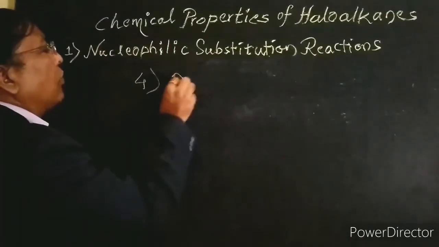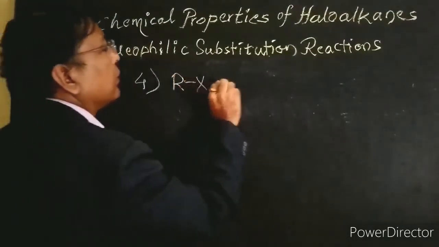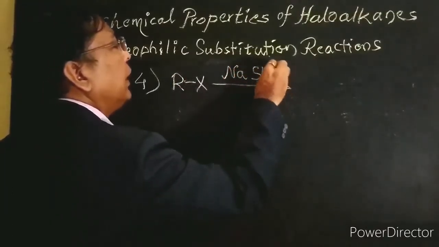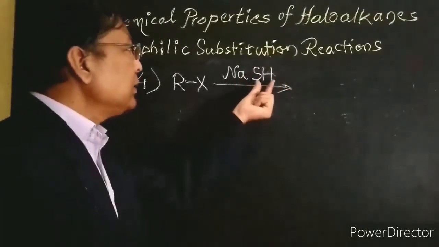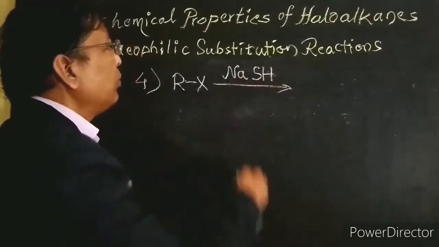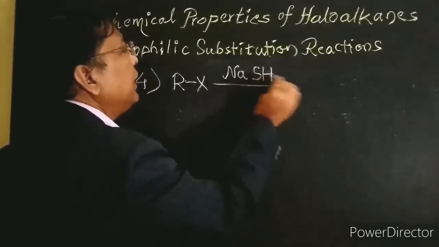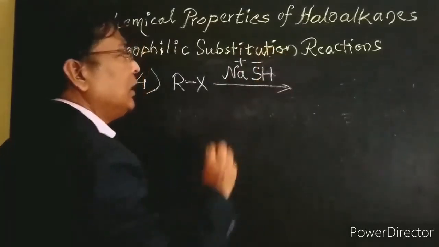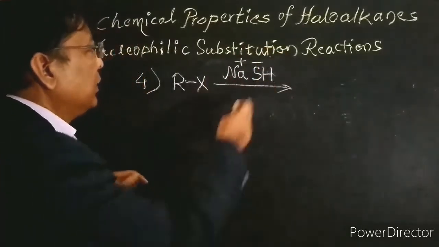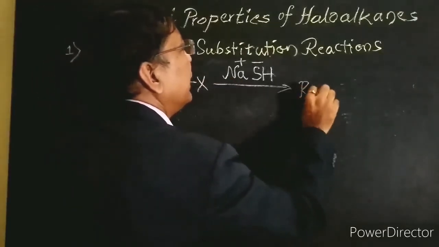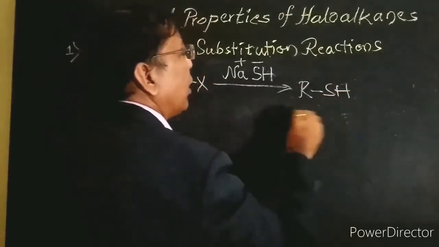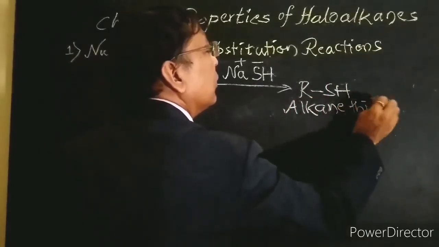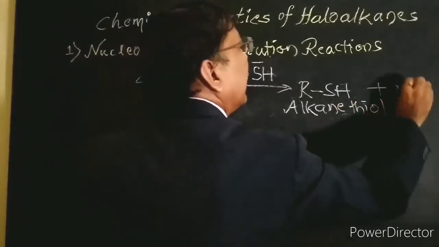Now the reaction of alkyl halide with sodium thiol, NaSH. This SH is called the thiol group, and this is sodium thiol. In this, which is the nucleophile? We know Na is positive, therefore the SH thiol group is the nucleophile. This is substituted, so we get alkane thiol plus NaX.